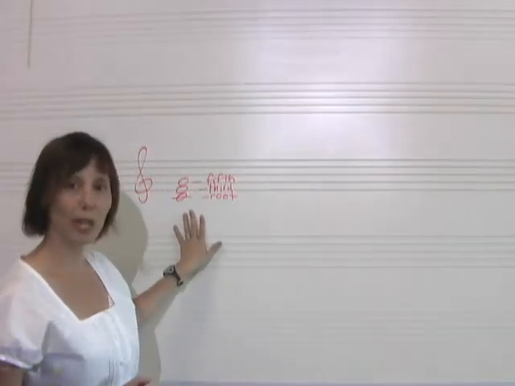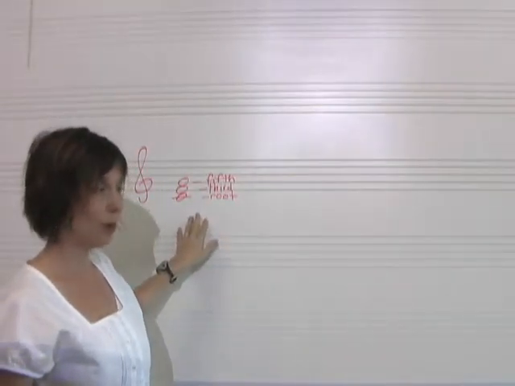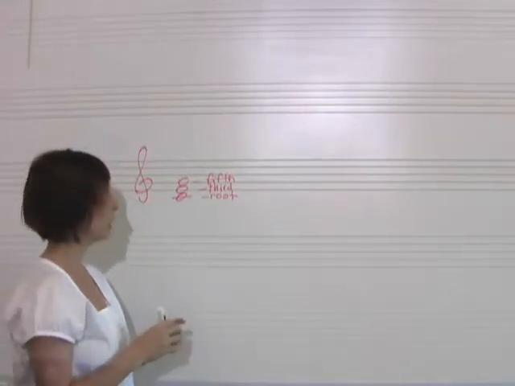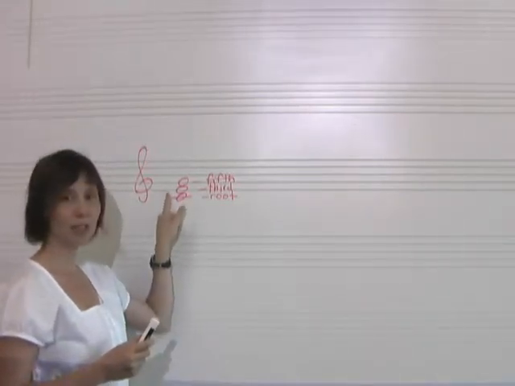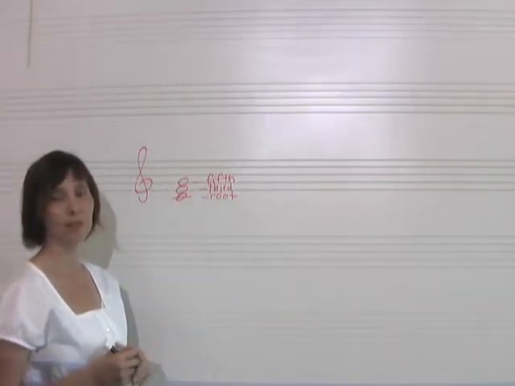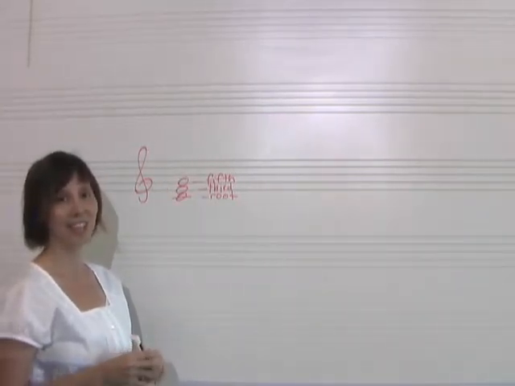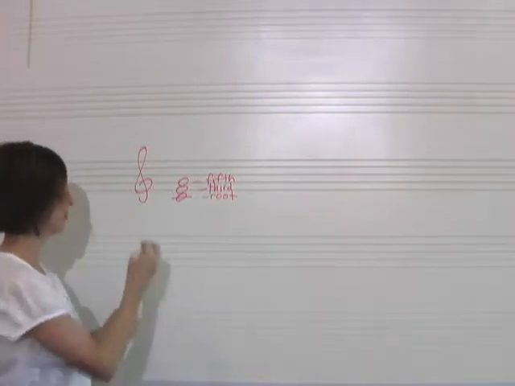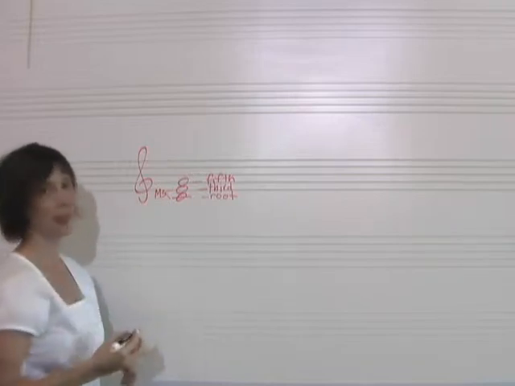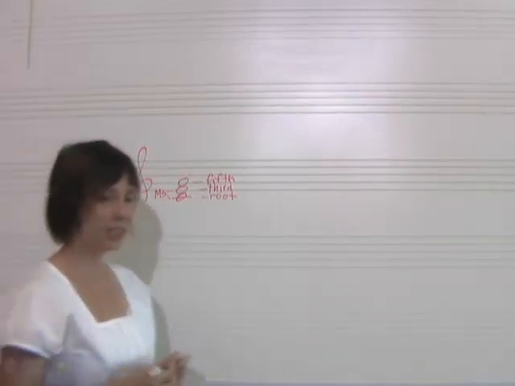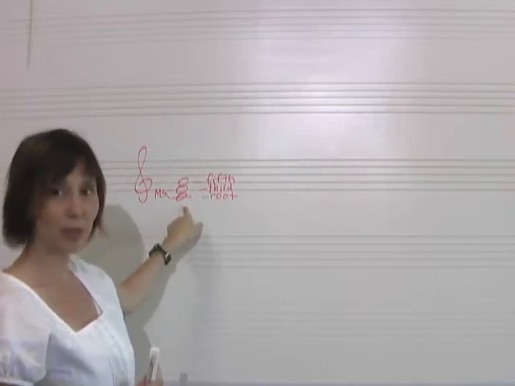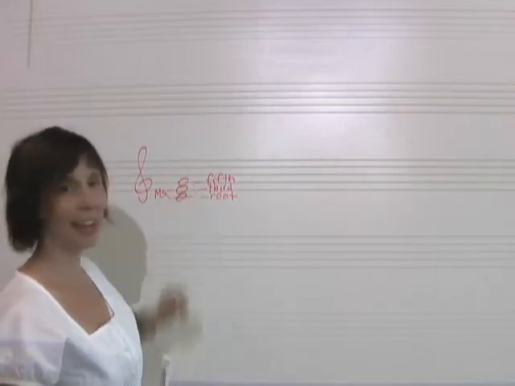Right here, we have a major triad. So what we want to do is analyze this triad. Take a minute and tell me what kind of a third is this on the bottom, from the root to the third. It's a major third. Now tell me, what kind of a fifth do we have between the root and the fifth?